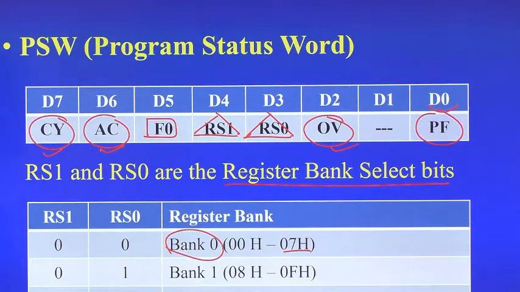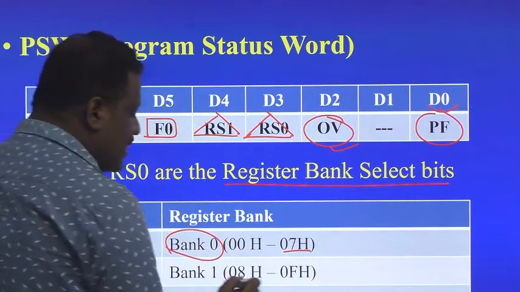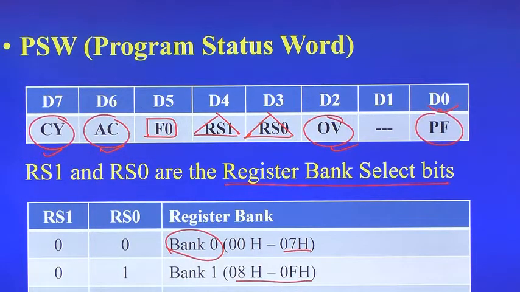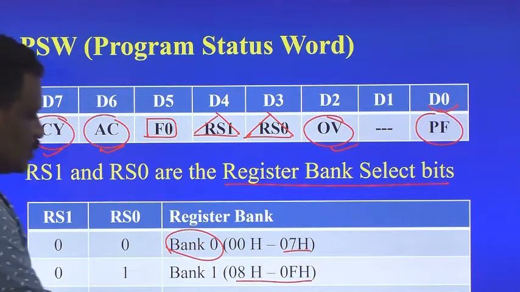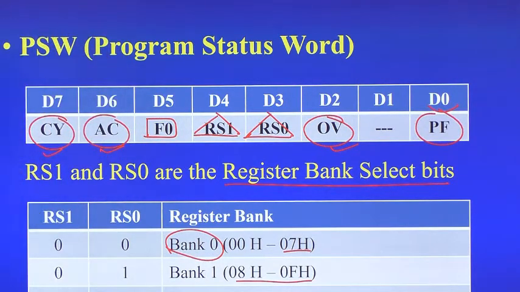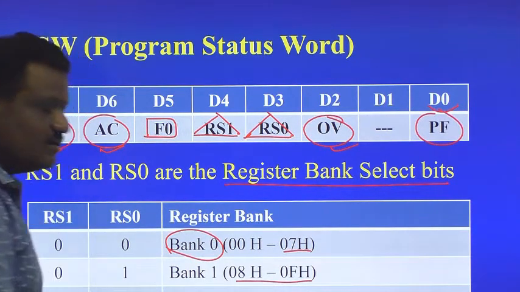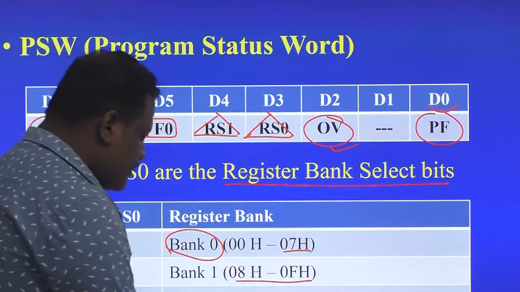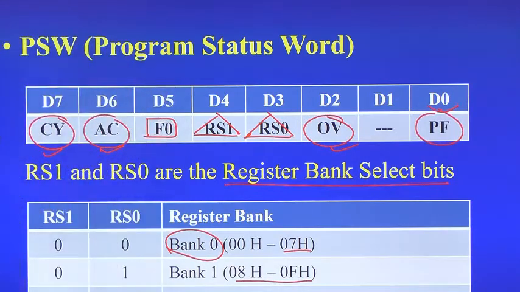In the 01 case, we are selecting bank 1. The address range is from 08H to 0FH. And next, the 10 case, we are selecting bank 2. Then the address range is from 10H to 17H. And the last case, the 11 case, indicates bank 3. The address range is from 18H to 1FH.